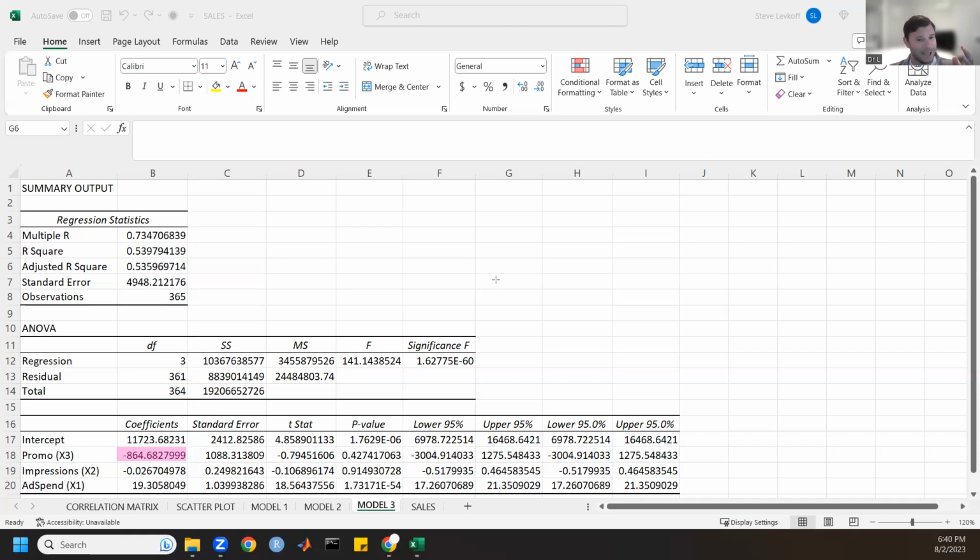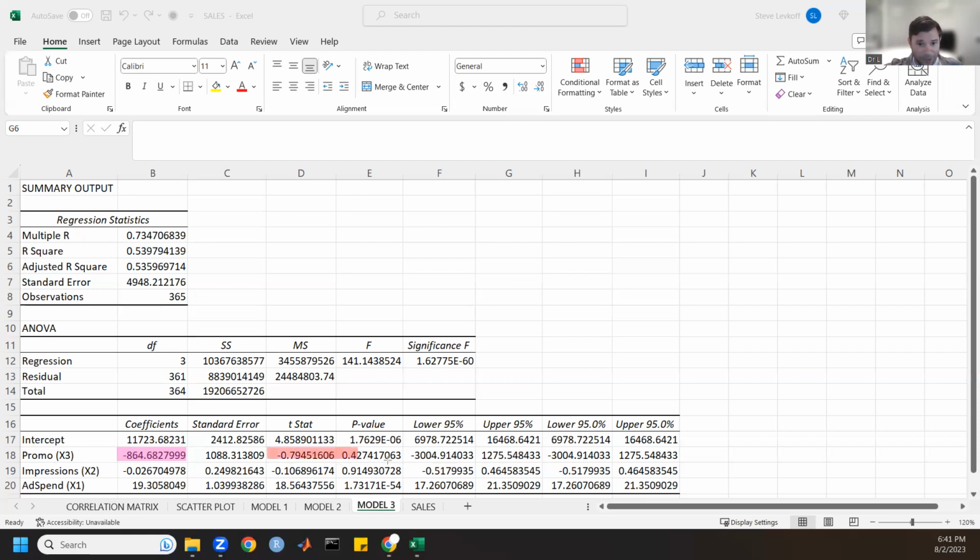And again, that might be counterintuitive because we saw in the correlation matrix that promotion was positively correlated with sales. Why is that happening? Well, remember, promotion was also positively correlated with impressions and ad spending. Okay, now the other thing to note here is that the t statistic is very small in magnitude.